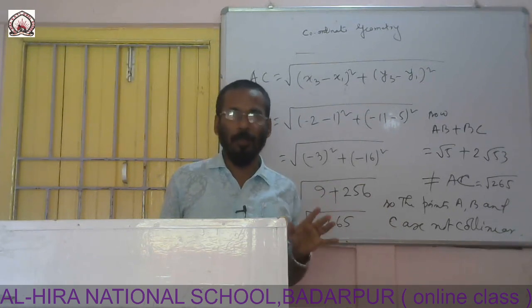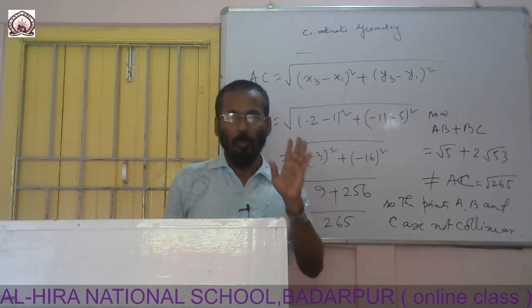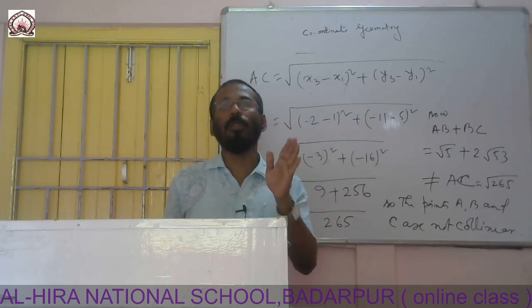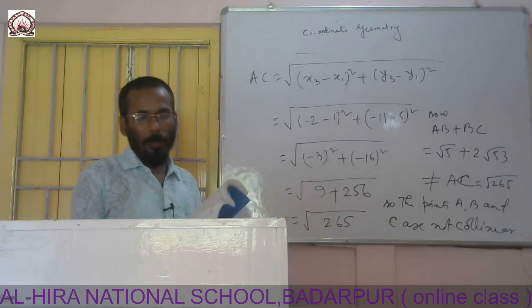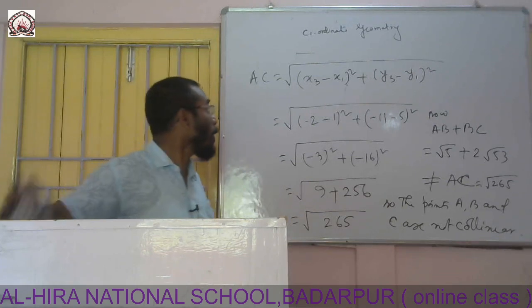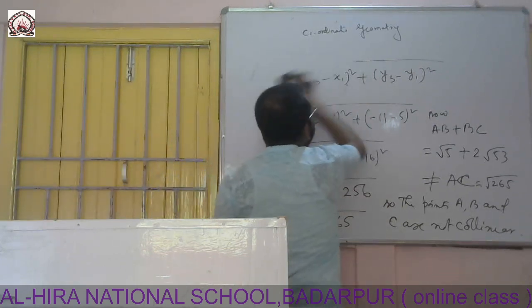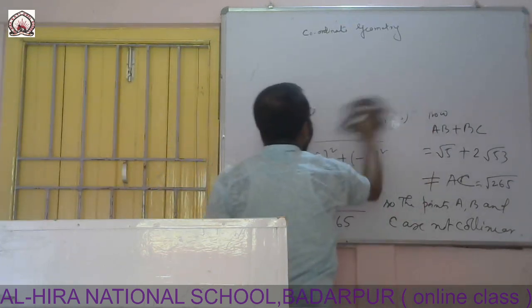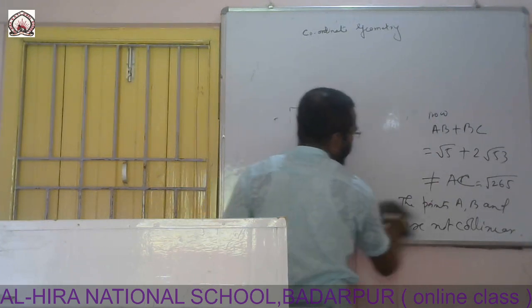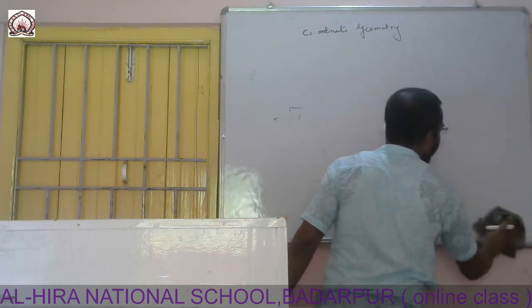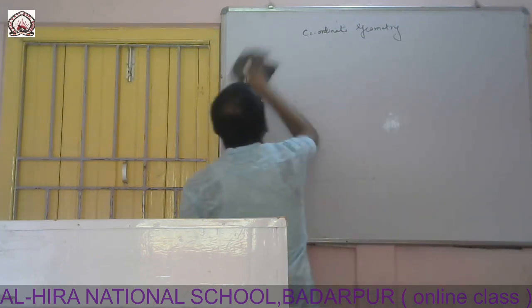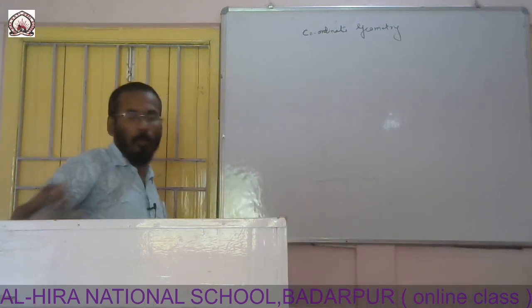If a triangle is isosceles, it means two sides will be the same. Okay, now we are taking question number 4.